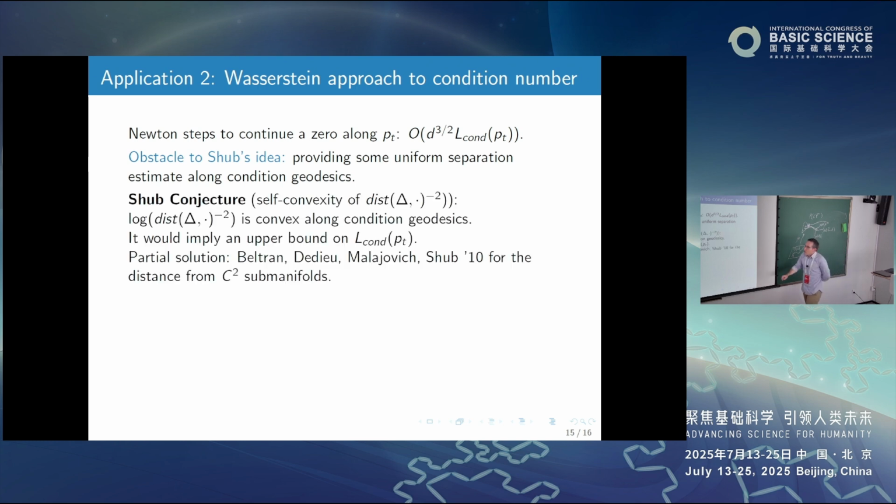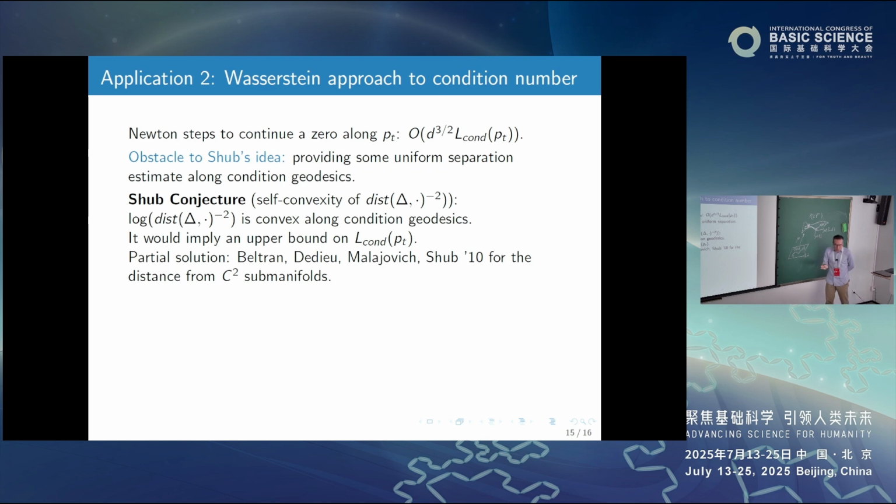And so the original idea of Shub was to provide some uniform separation from the discriminant along this condition geodesic. The Shub conjecture was indeed that this distance squared should be what is called self-convex. That means that if you compose it with the log, so the log of the distance from the discriminant, one over 2, it should be convex along condition geodesics.